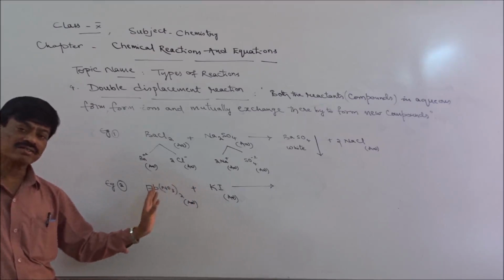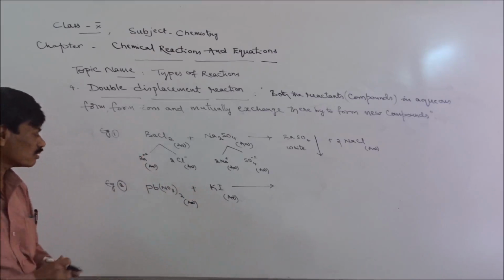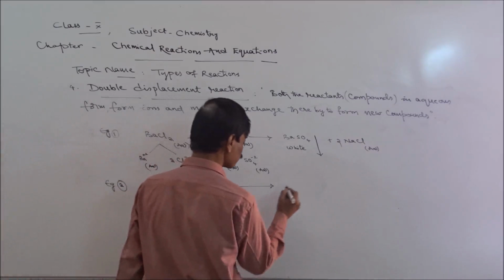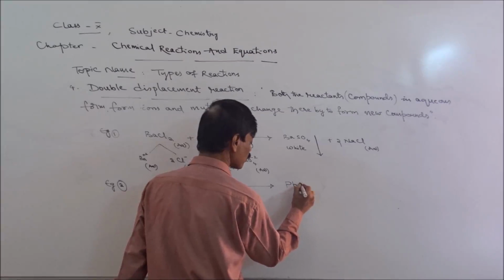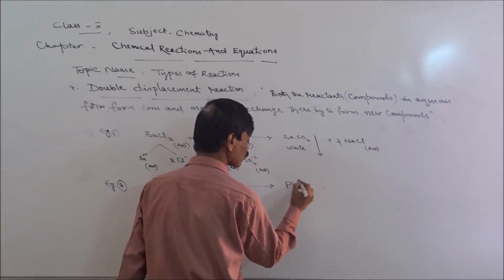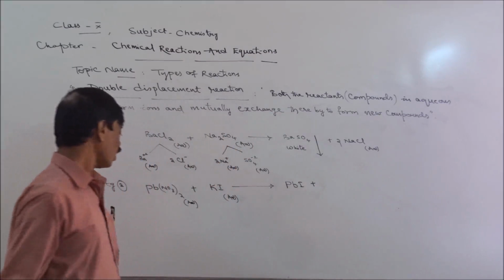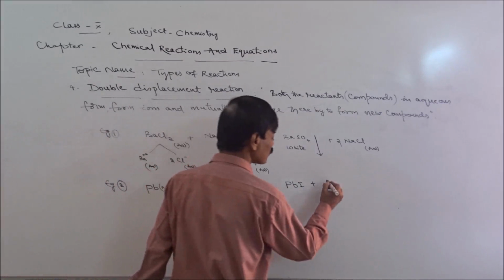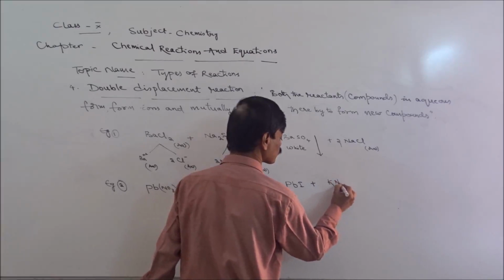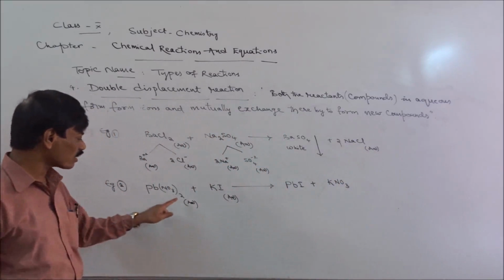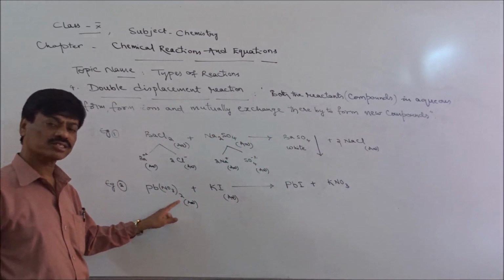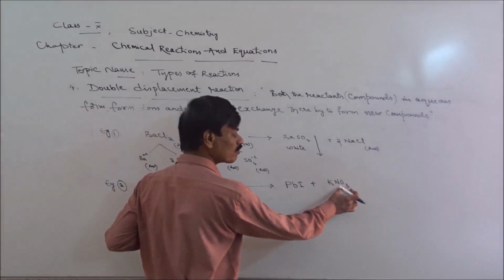Thereafter, ions are mutually exchanging. As a result, we will get lead iodide and then potassium nitrate. And here nitrate radical or ion is there 2 times. Here nitrate only once.